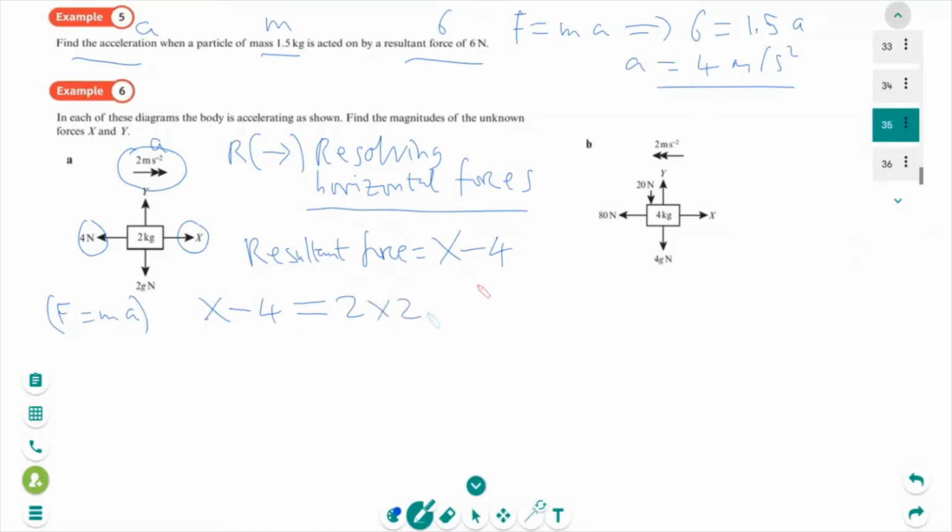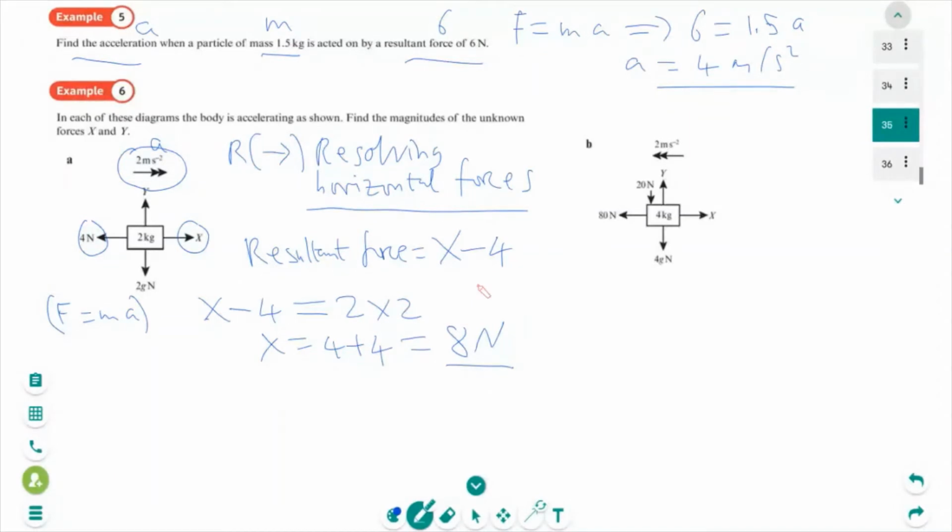So that's 2 times 2. So you get X equals 4 plus 4, so X is equal to 8 newtons. That's how you use the equation of motion to solve the value of X.